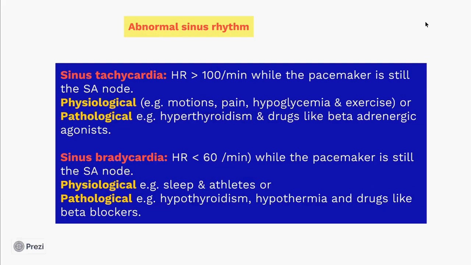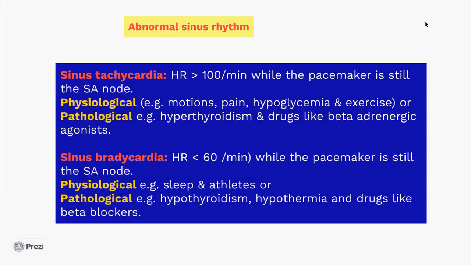Yes. The normal sinus rhythm is when you see the P wave, while the normal rate is 60 to 100. There is a difference between rate and rhythm. Rhythm is how it looks, and the rate is what we were calculating just a minute ago.